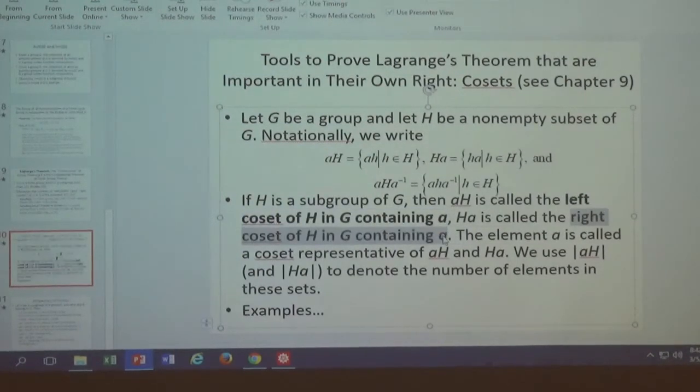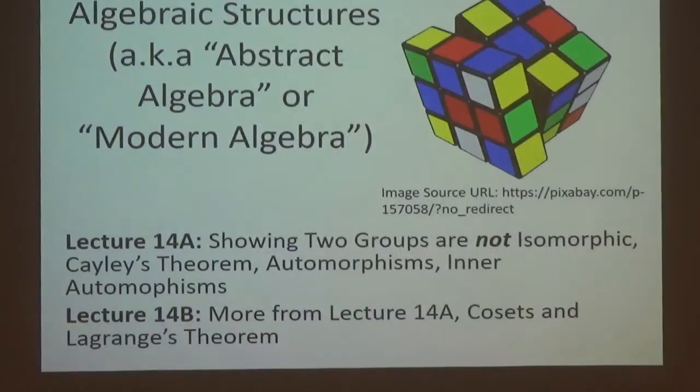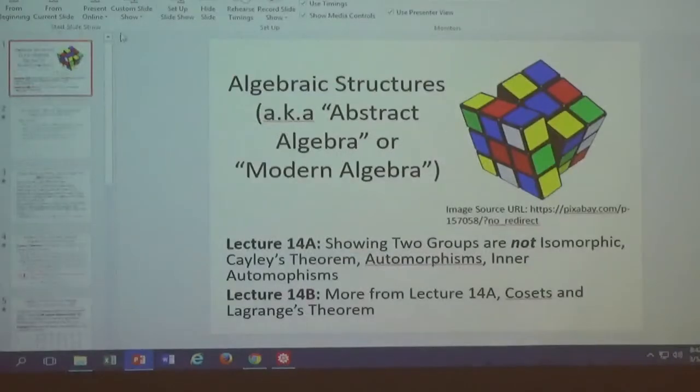The element a is called a coset representative of both aH and Ha. And we'll use our usual notation for the number of elements, absolute value signs, but you really shouldn't call them absolute value signs.